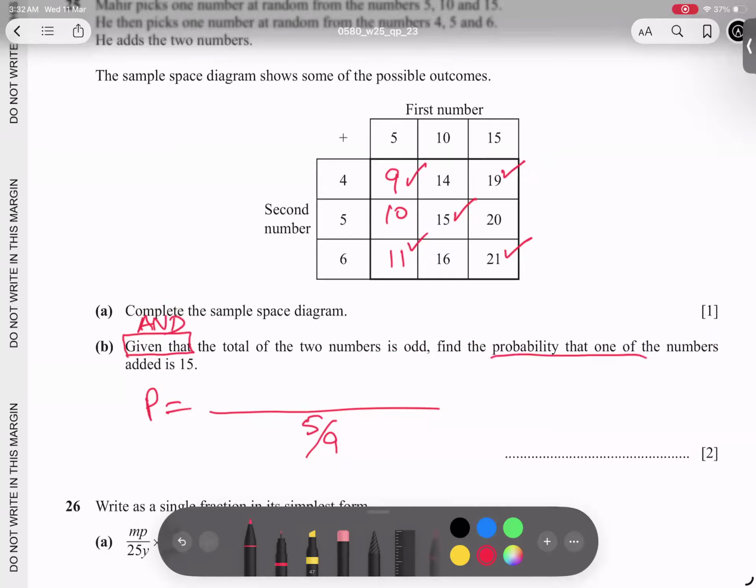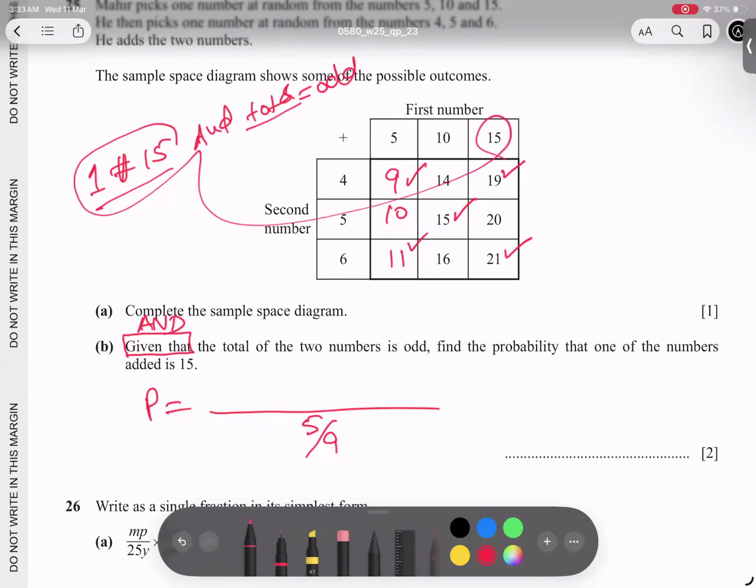Find the probability that one number added is 15. So it means one number is 15, and this is a condition, and the total of two numbers is odd. So check which satisfy the condition.